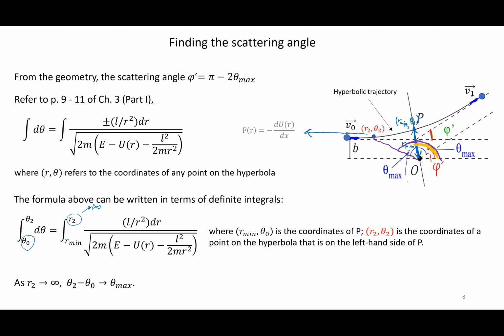This purple one would be theta 2. You could imagine that if you take r2 really far away, then theta 2 may look something like this. If r2 is infinitely far away, this theta 2 actually tends to pi.